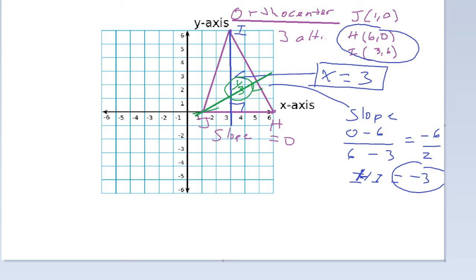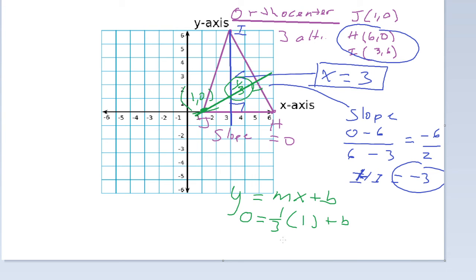But I want that line to pass through this point here, and this point is (1, 0). So we are going to use the slope-intercept equation. I know that the slope is already 1/3, and I'm going to use the fact that it has to pass through (1, 0). So the 0 is y and the 1 is x.